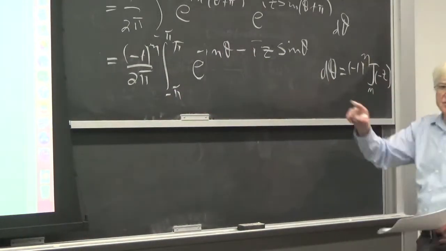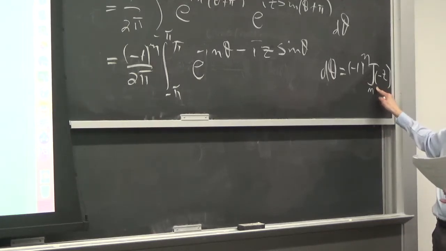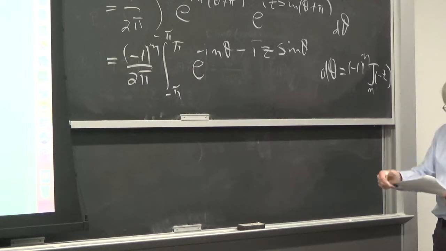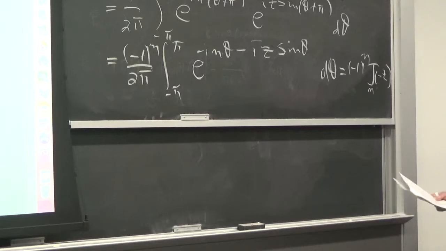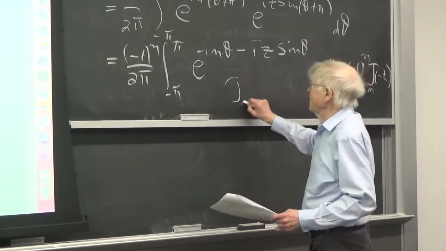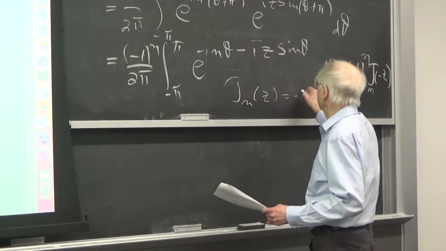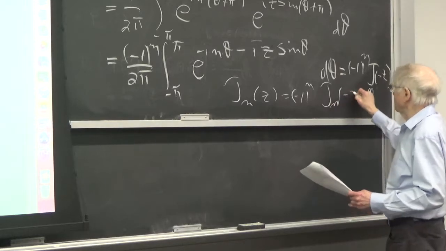So comparing those two, you can see that that's the case. So that's a second identity: Jn of z is minus 1 to the n Jn of minus z.